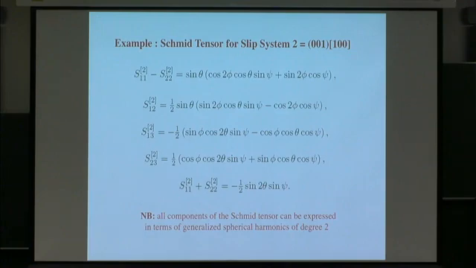Not to worry about the details, it's just to show you that they can all be expressed in terms of generalized spherical harmonics of degree 2. You can see that by the sine 2 theta, the cosine of 2 phi, and so forth.